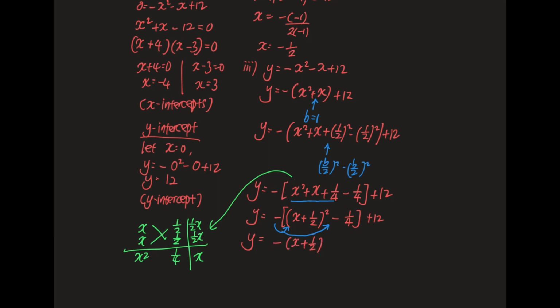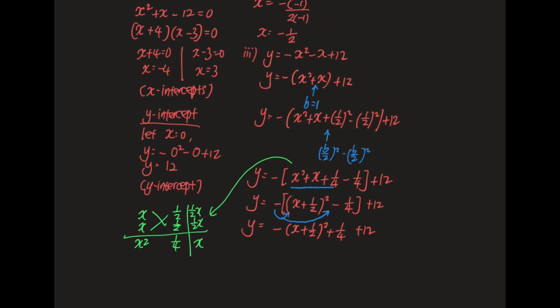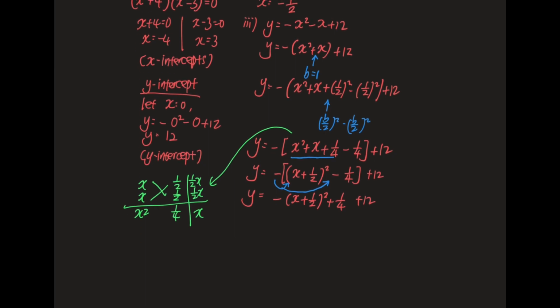So it will be like this. The second fraction will change sign to positive. Okay, now we just need to add up the 1 over 4 and the 12 at the back. So we get 49 over 4. So minus x plus half squared plus 49 over 4.